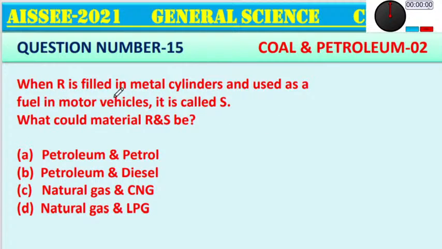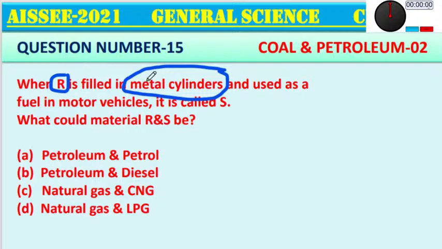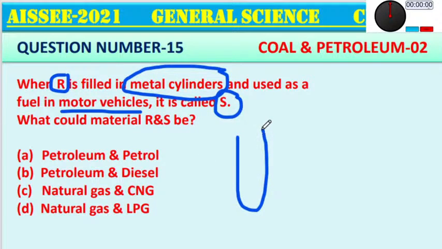The question is, when R is filled in metal cylinders and used as a fuel in motor vehicles, we call that fuel S. So what is filled in the cylinder? And what is the name of that fuel?